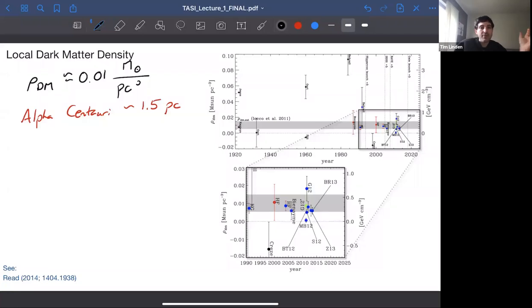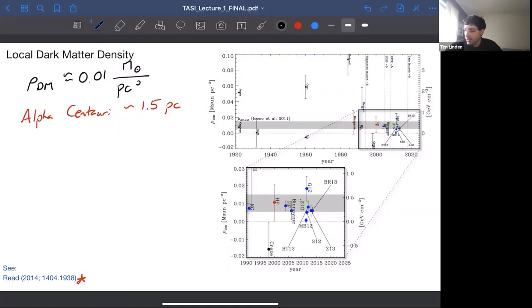And so determining from some sort of dynamical standpoint what the dark matter distribution looks like is a really challenging topic. You can see this historically here on this plot on the right by Justin Read, who has a really nice review talk on this. There's actually been quite a bit of new observations after that talk, particularly based on Gaia data, but that's a nice review of the different techniques that exist.